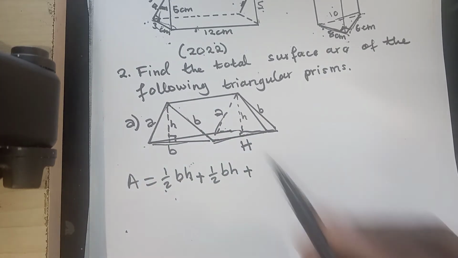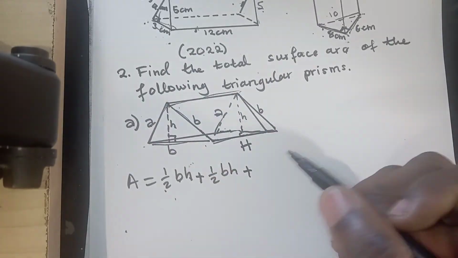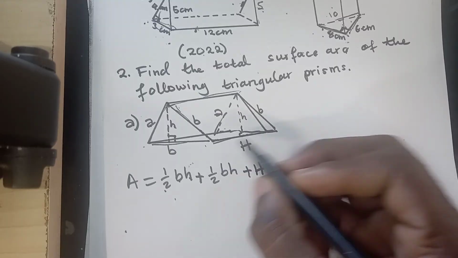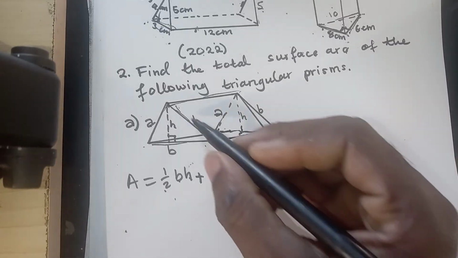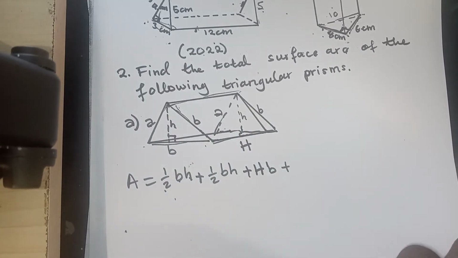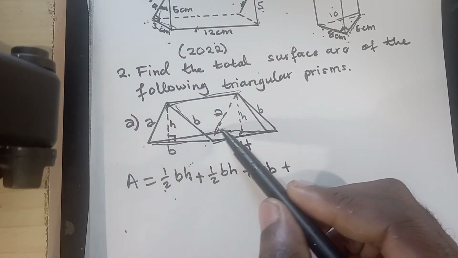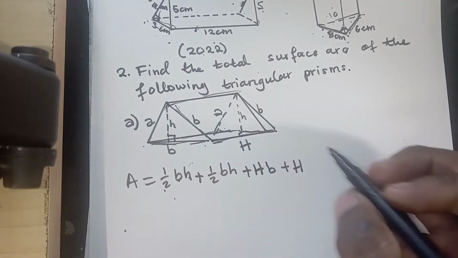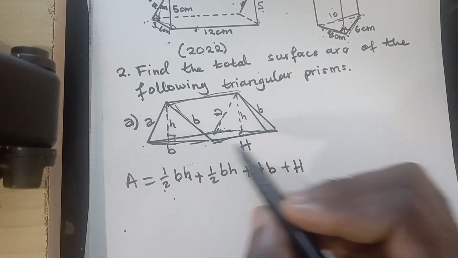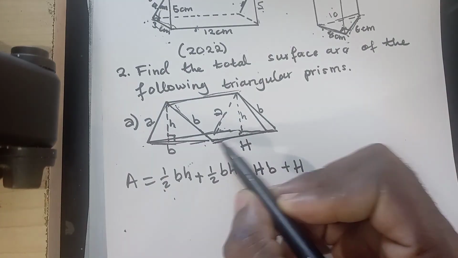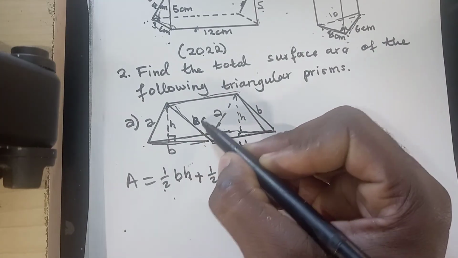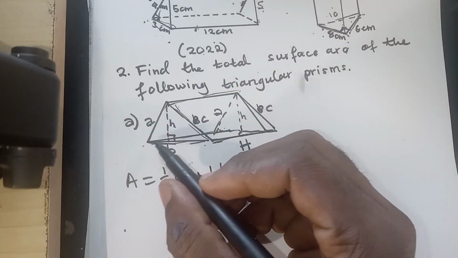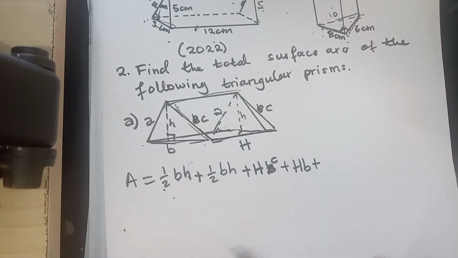And then plus we have this face here. So for this face, you can say capital letter H, which is the height of the triangular prism, multiplied by B, and then plus we can find the area of the bottom part, which is capital letter H times B. Actually, this is supposed to be a C. So multiplied by C, this time C. Then our B is here, then plus.